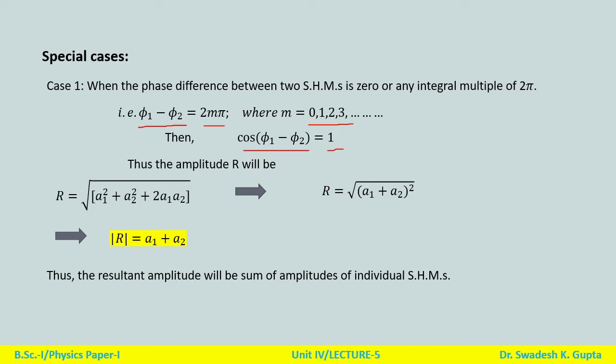So when we put this value in the amplitude formula, we get the amplitude like this, and it shows finally that the resultant amplitude is the sum of the two amplitudes of the two SHMs.